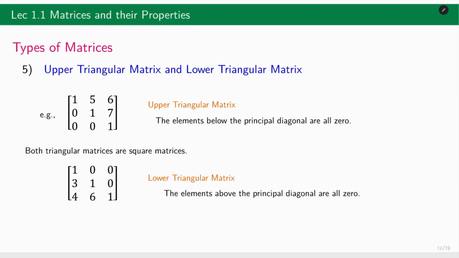Upper triangular matrix and lower triangular matrix. For the upper triangular matrix, the elements below the principal diagonal are all 0. This is the principal diagonal, so always remember that. The direction in drawing the principal diagonal is always going to the bottom.